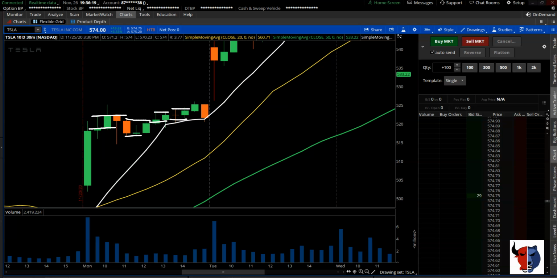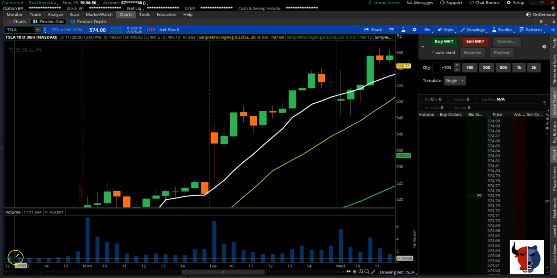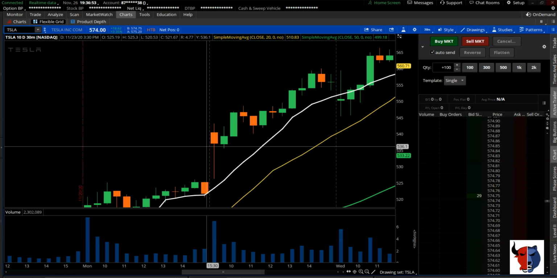Inside bars are an example of that. On the other hand, if there is minimal overlap, that would mean that market participants are in a hurry. And again, looking at Tesla, that has been a good example of that in the past few sessions. More overlap equals congestion, and no overlap means a trending market.